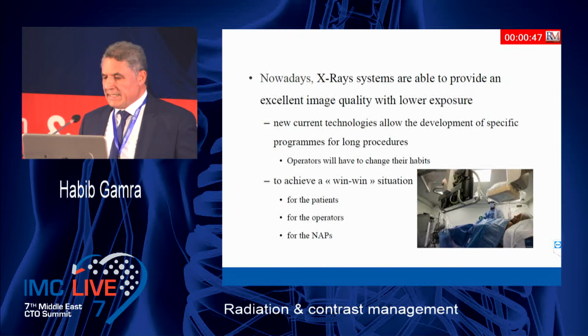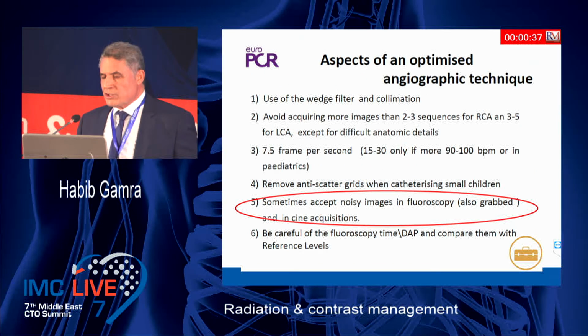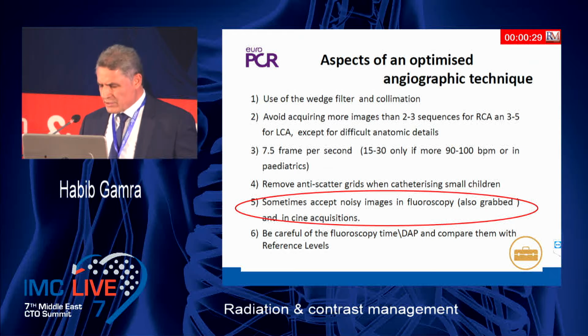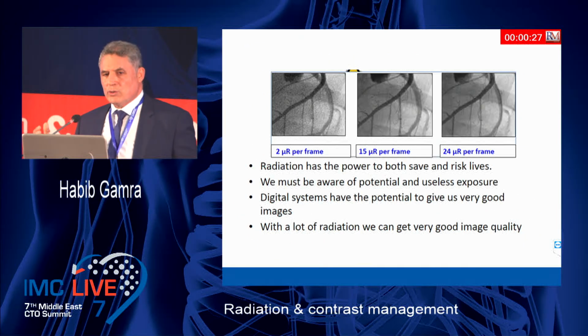Now, nowadays we have very good X-ray systems that allow you a nice image with minimal dose. But just remember that sometimes you don't need perfect imaging. You can accept what we call noisy images, for example, a coronary angiogram in a dilated cardiomyopathy, you don't need very good images, because you can save a lot.